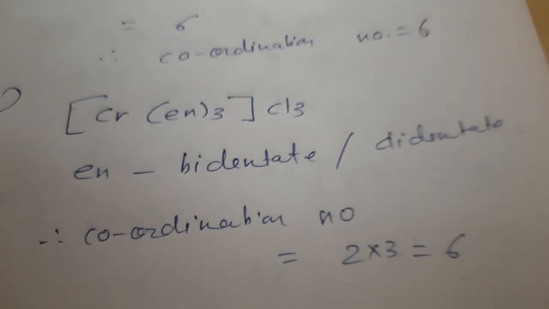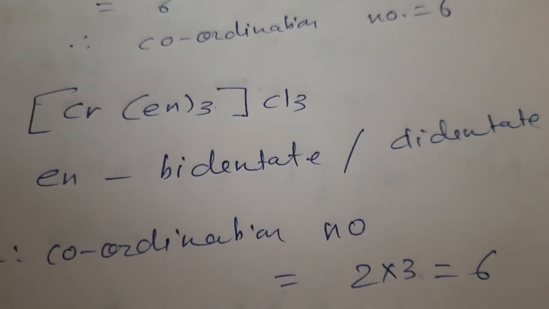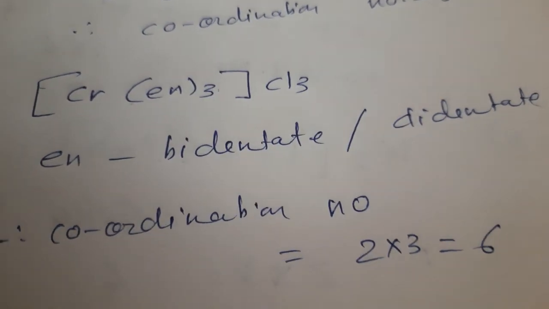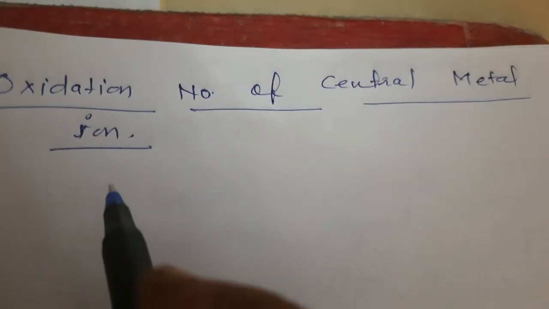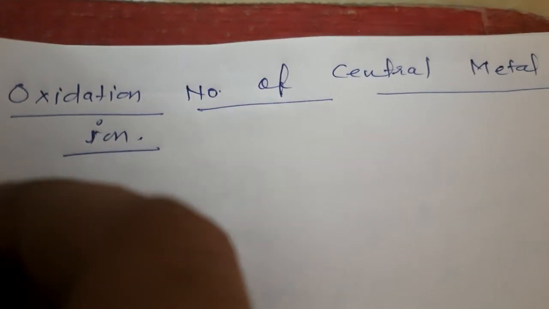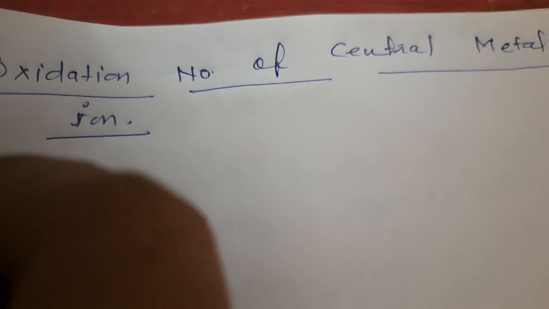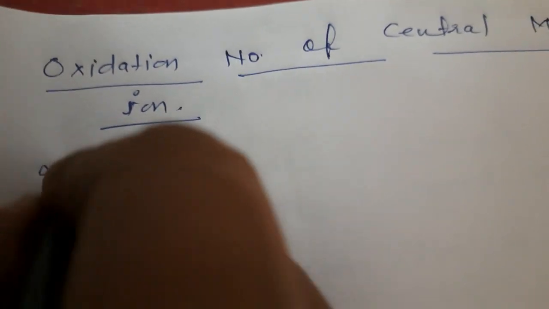Now I will tell you how to find the oxidation number of the central metal atom. So how to find the oxidation number of the central metal ion?